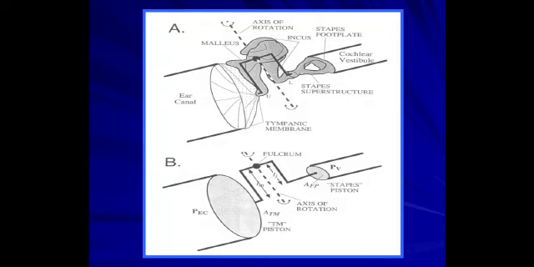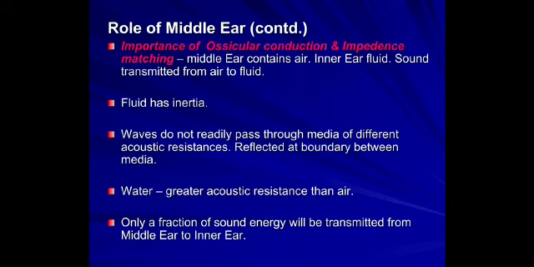And you can see the area of the tympanic membrane towards the footplate of the stapes has a reduction of around 20 times, and this assists in impedance matching, or helps in matching the sound wave and reducing the loss of sound energy, as we discussed if there is only acoustic coupling. So this is the importance of ossicular conduction, or impedance matching.